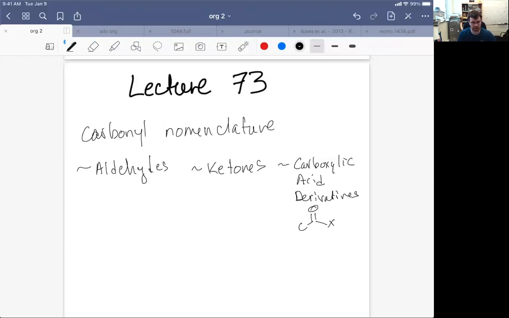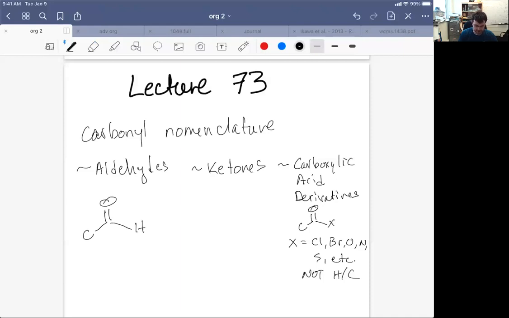aldehydes and ketones. But carboxylic acid derivatives are where we have this framework where the carbon is attached to the carbonyl carbon, which is then attached to some group, which could be Cl, Br, O, N, S, many things, just not H or C. Because when X is equal to H, we have an aldehyde.